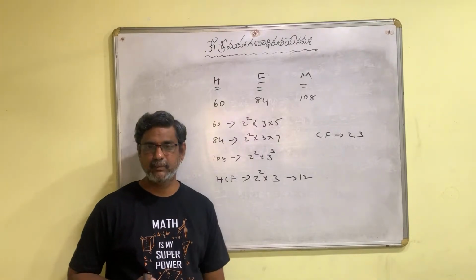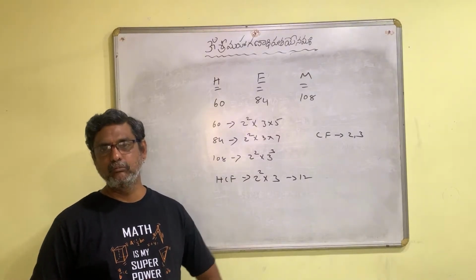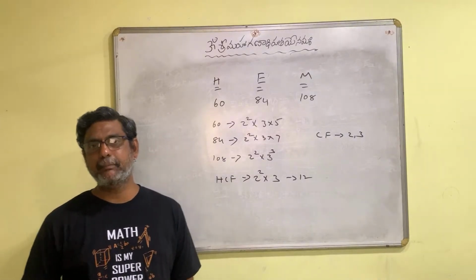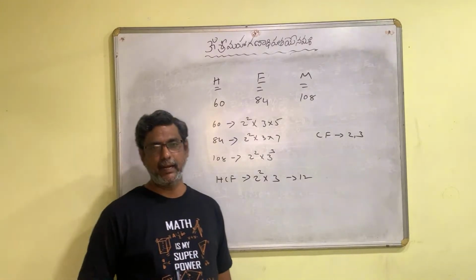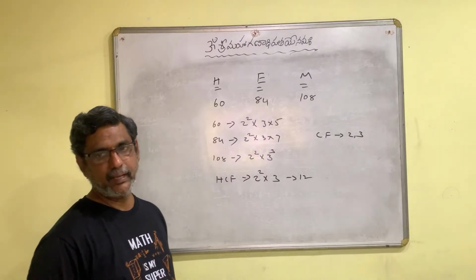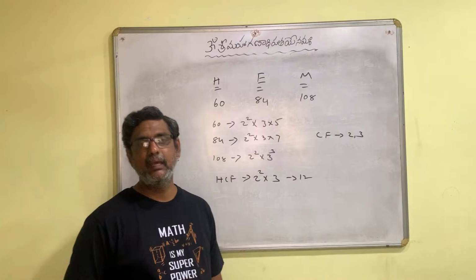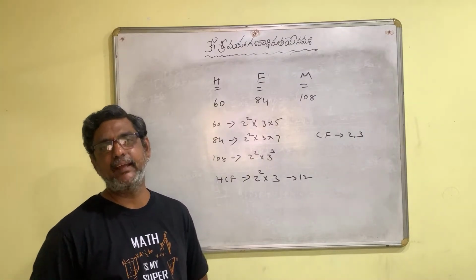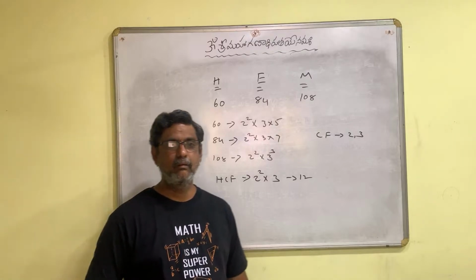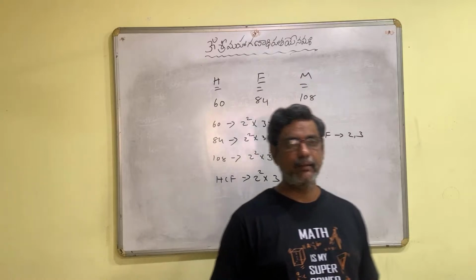Okay? So, in each room, 12 participants will be there. Now you tell me, for each subject, how many rooms are allotted?